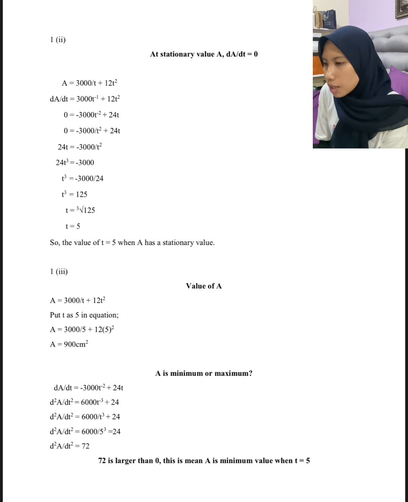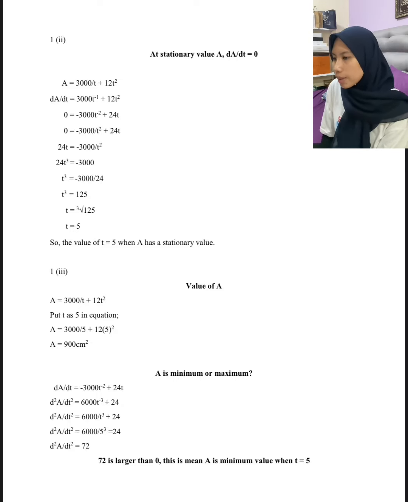So the question number 2, to find at stationary value A, dA over dt equal 0. So A equal 3000 over t plus 12t². dA over dt equal negative 3000 t to the power of negative 2 plus 24t.